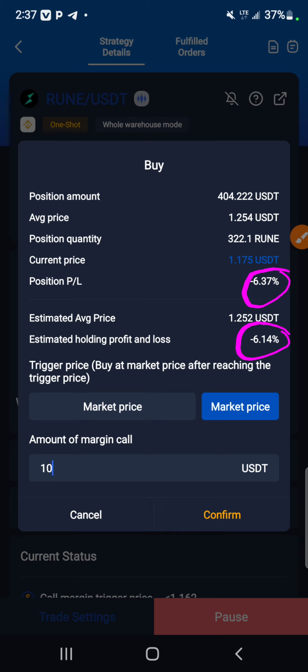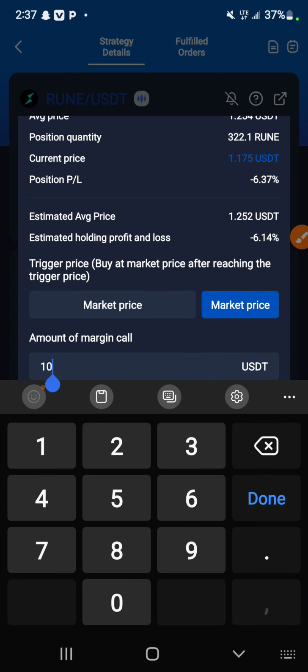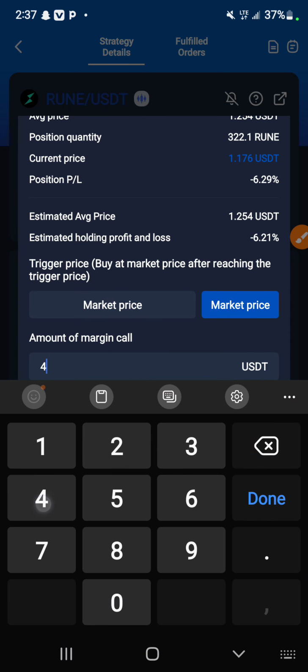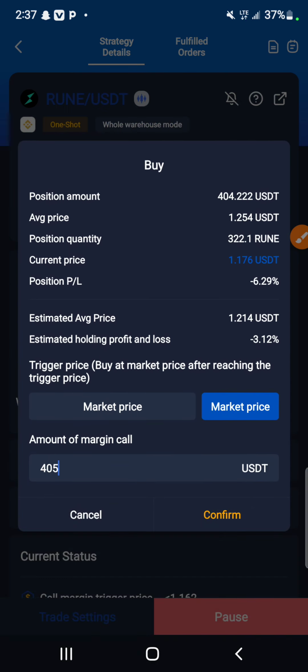But if I try to double up the money which is in the market already, let me show you the difference now. The money which is in the market, let us check how much it has: 404. If I try here to put 405, for example, my negative, which was negative 6.29, will reduce to 3.